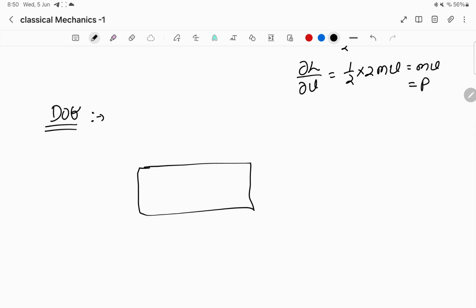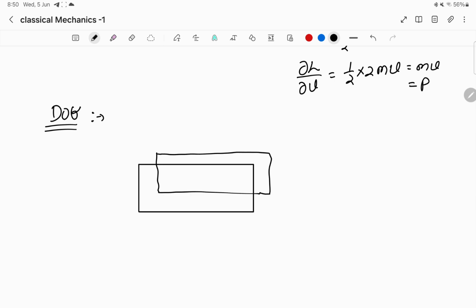So there is a three-dimensional rigid rod in free space, and an insect is sitting on this rod, and let me define the coordinates.